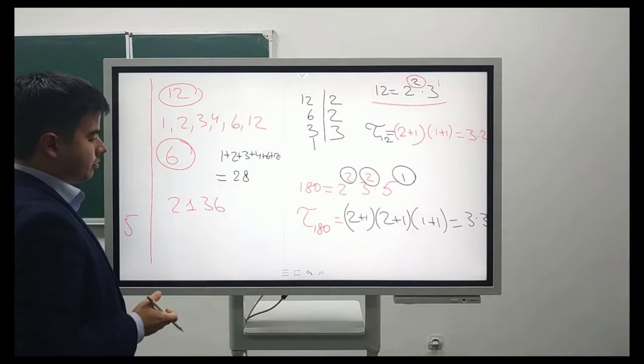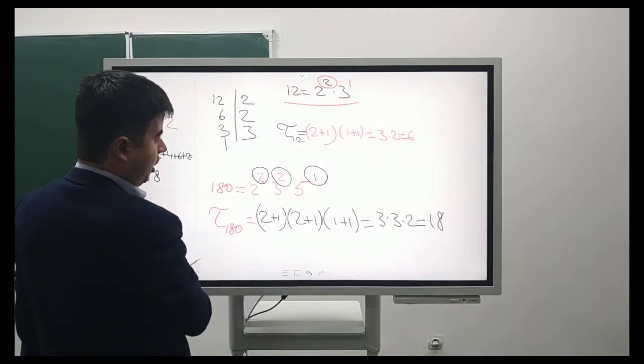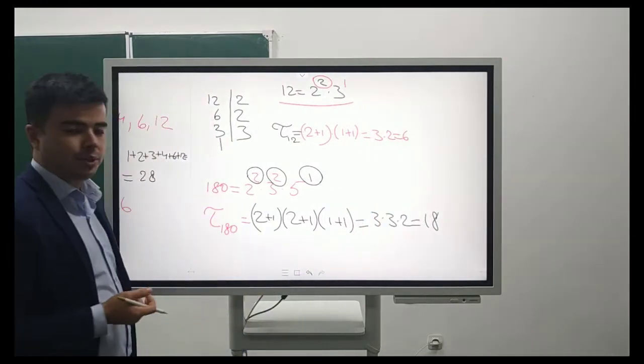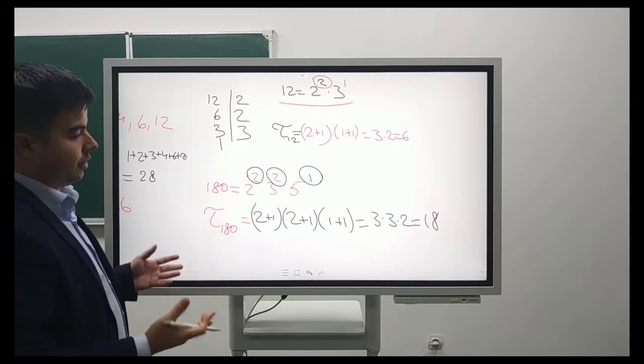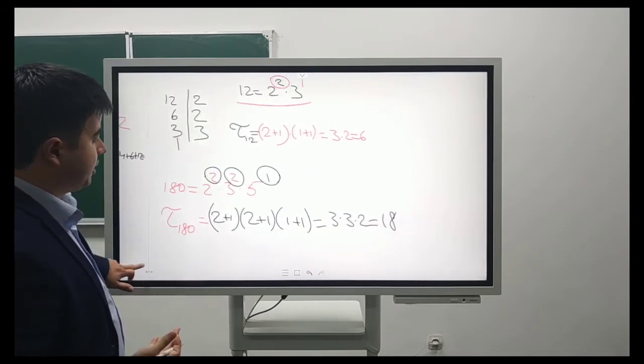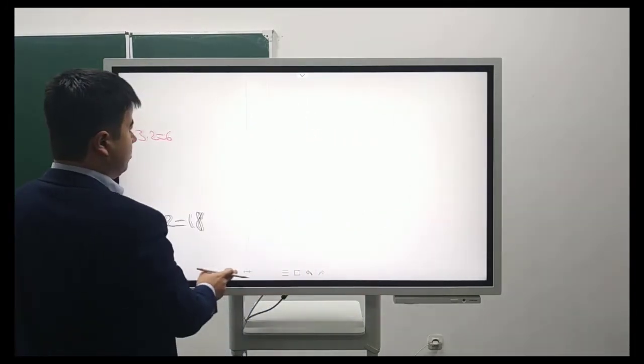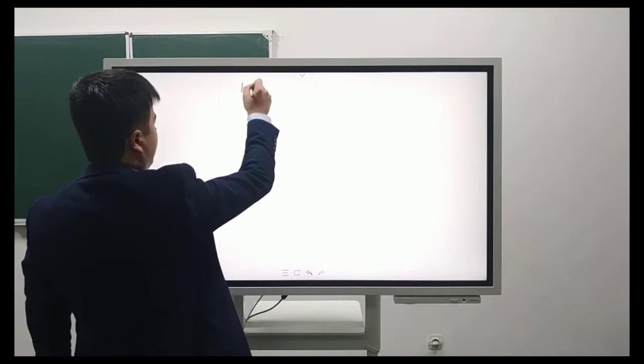And now, how do we get it for, for example, 180? We will not find all 18 divisors and then find the sum of these divisors. To find the sum, we also have a formula. So, again, let's write the factorization of 180.